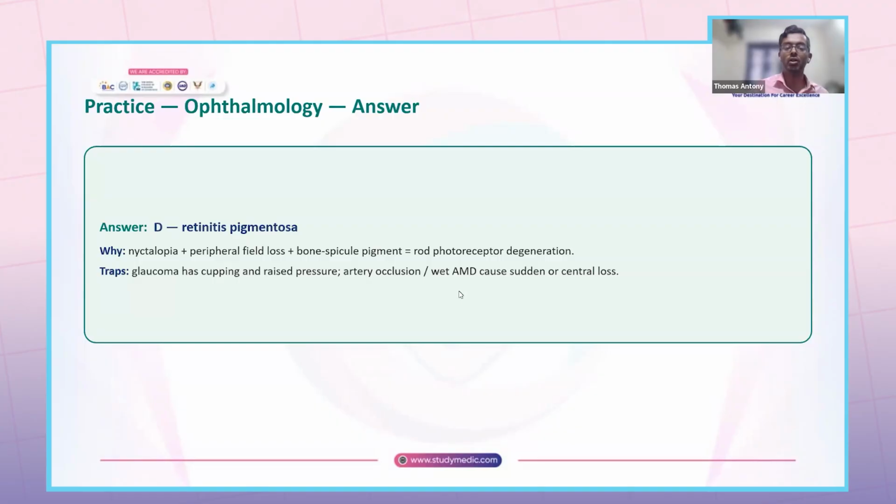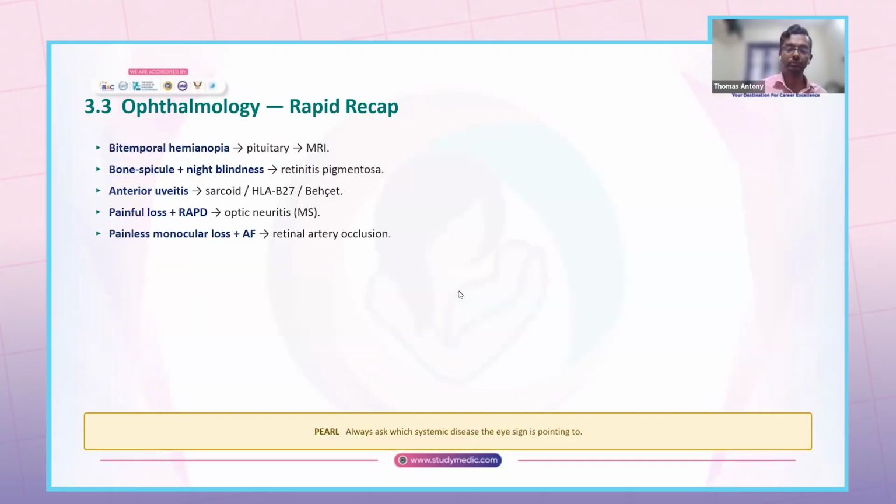So what is the trap here? Glaucoma has cupping and raised pressure; artery occlusion or macular degeneration causes sudden or central loss. So this is a rapid revision. Bitemporal hemianopia, you're dealing with a pituitary problem, you go for an MRI.